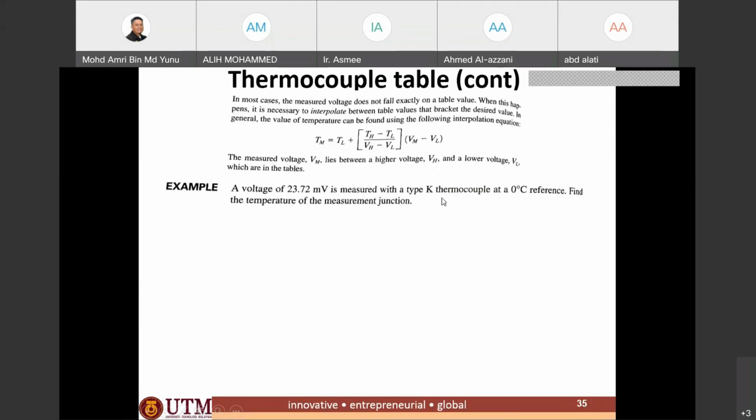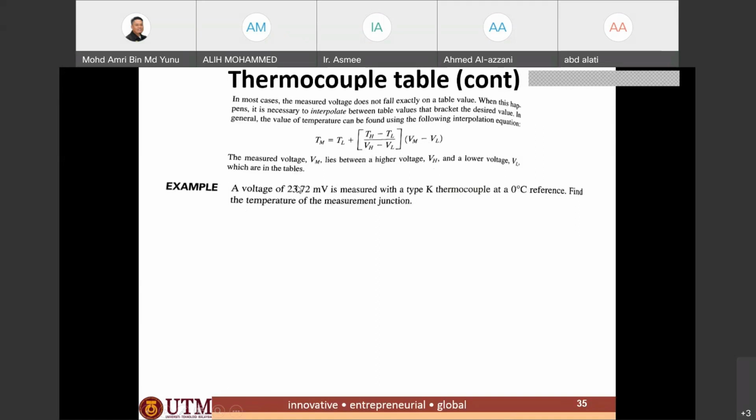So for example, a voltage of 23.72 millivolt is measured with the type K thermocouple at 0 degrees reference. Find the temperature of the measurement junction.